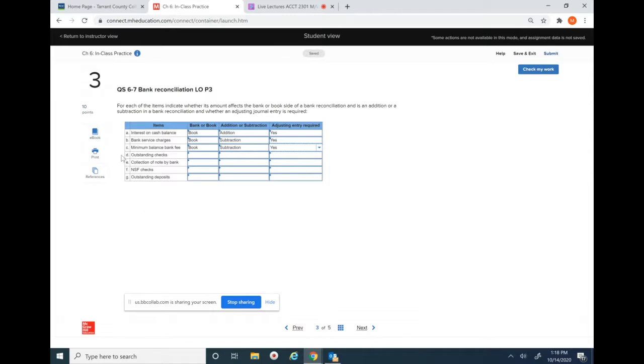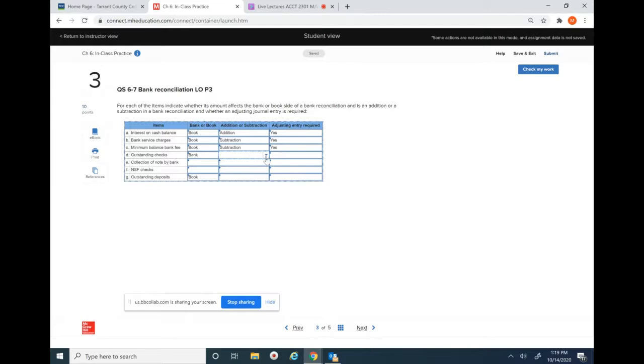Now, outstanding checks. Remember, outstanding checks, deposits in transit, and bank errors are reported on the bank side of the reconciliation. I'm going to go ahead and find these items. So outstanding checks and deposits in transit will be both bank.